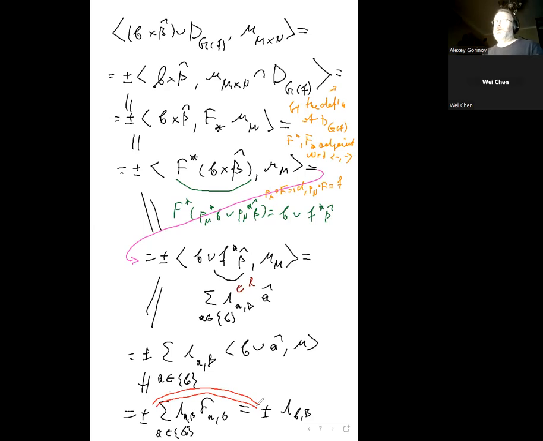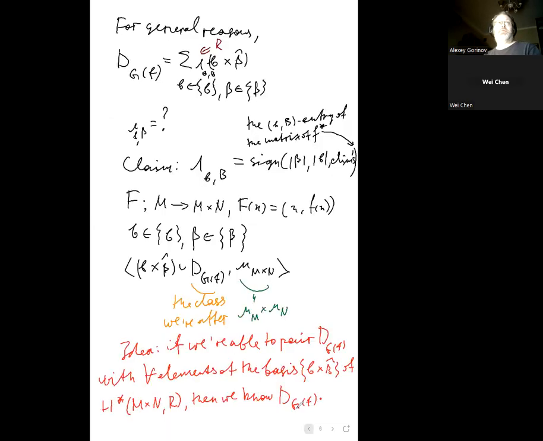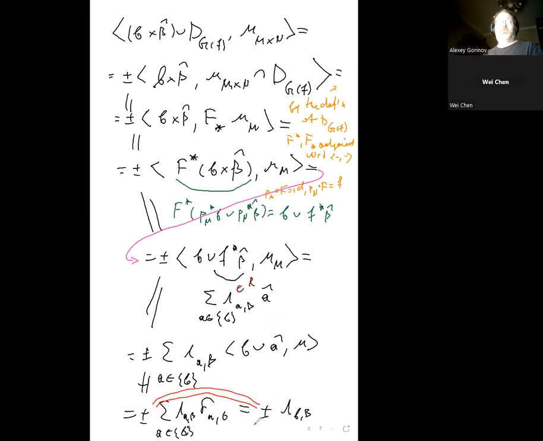And this is basically the expression we have here, which is something we get from this formula, and so let's call this formula star.